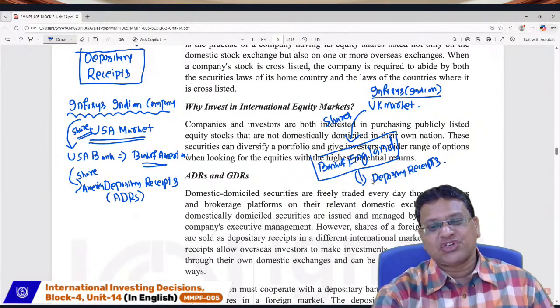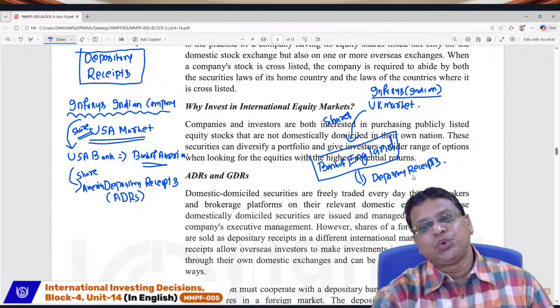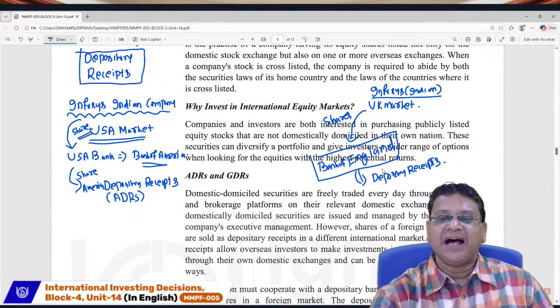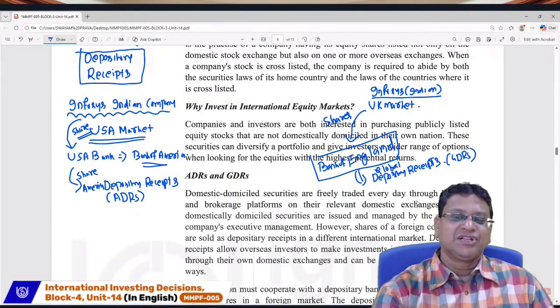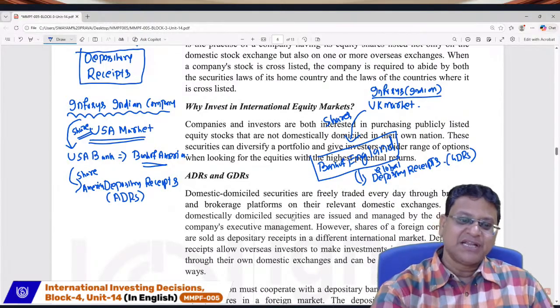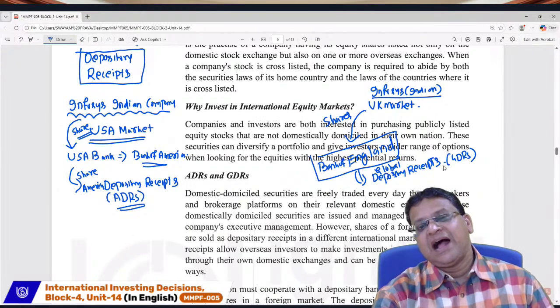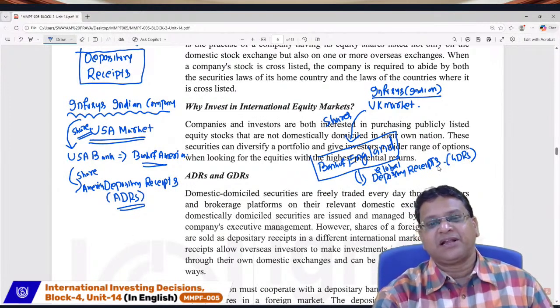As it is not the USA, any depository receipt issued outside the USA is known as a global depository receipt or GDR. That means depository receipts traded in US markets are known as ADRs, and depository receipts traded outside the US, in any market, are known as GDRs.